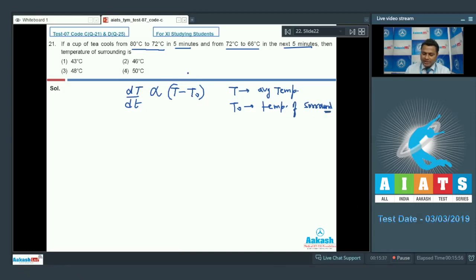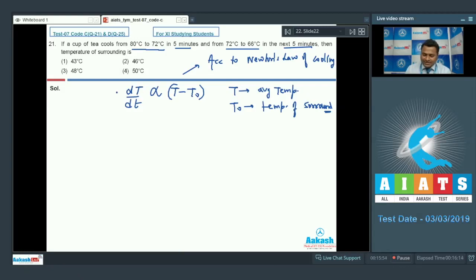And this is actually Newton's law of cooling. According to Newton's law of cooling, we got this kind of expression.